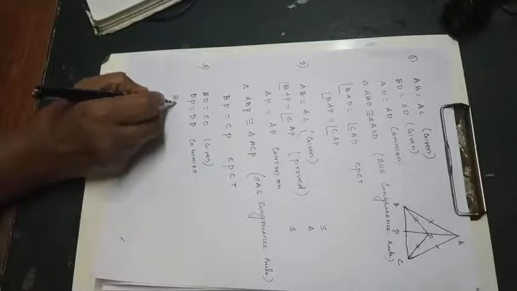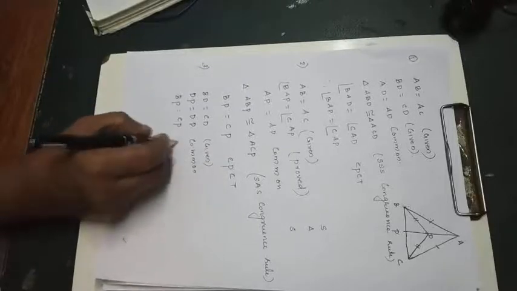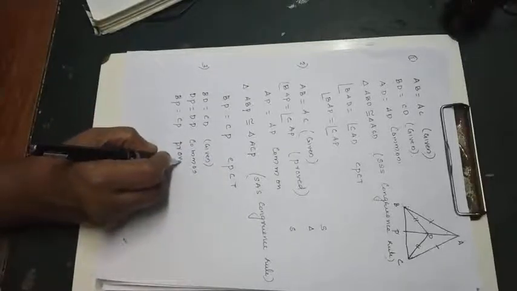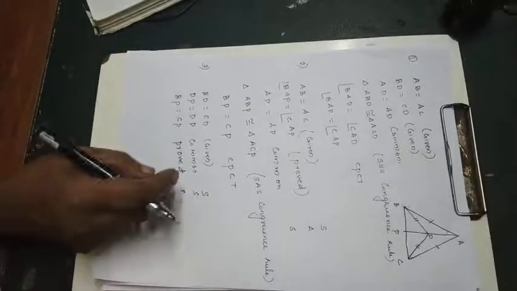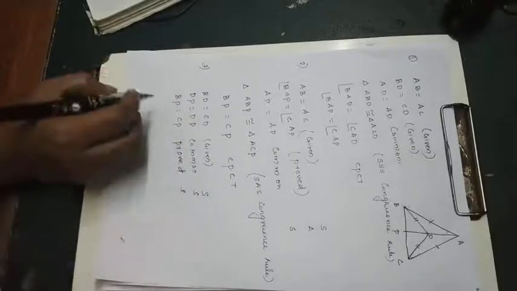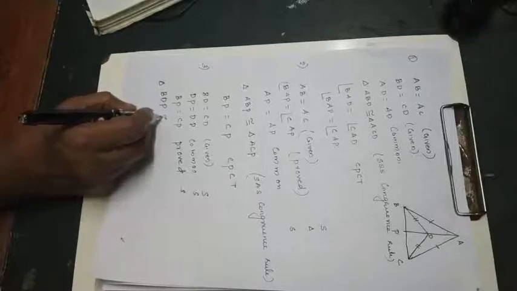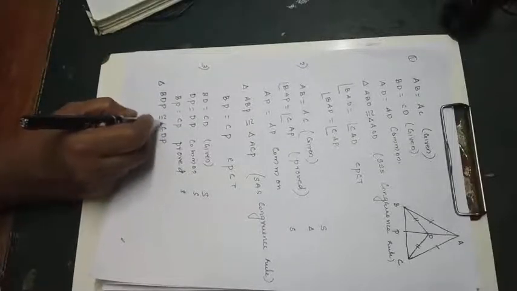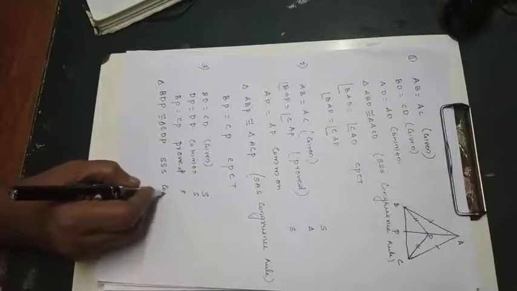And BP is equal to CP, that is proved here. So by SSS, these two triangles will be congruent, that is triangle BDP will be congruent to triangle CDP by the SSS congruence rule.